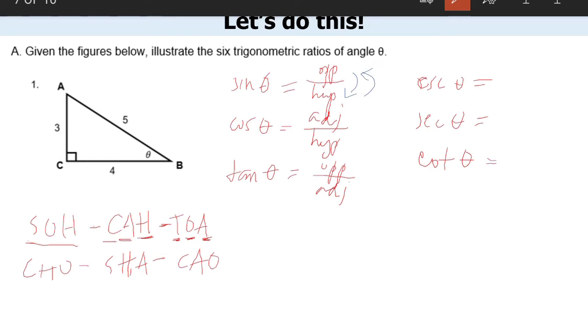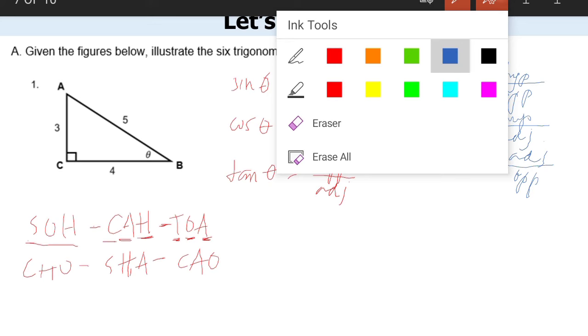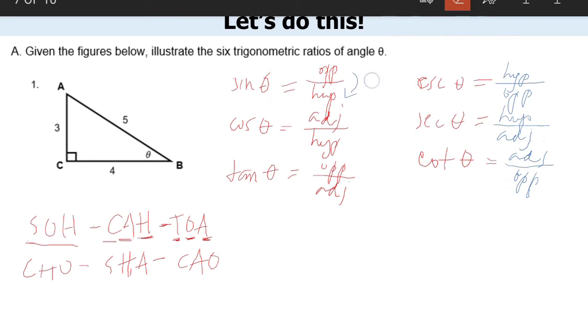So, we will write hypotenuse over opposite, and here we have hypotenuse over adjacent, and for cotangent, we have adjacent over opposite. Okay? So let's illustrate now the 6 trigonometric ratios.